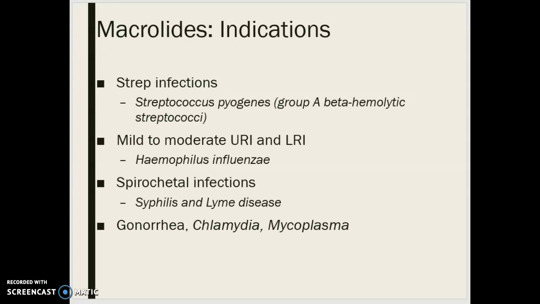So we use these for strep infections, particularly our group A beta hemolytic strep, mild to moderate upper respiratory and lower respiratory infections, our spirochetal infections like syphilis and Lyme disease. You notice gonorrhea, chlamydia, mycoplasma. So these are really effective for sexually transmitted diseases and community-acquired pneumonia.